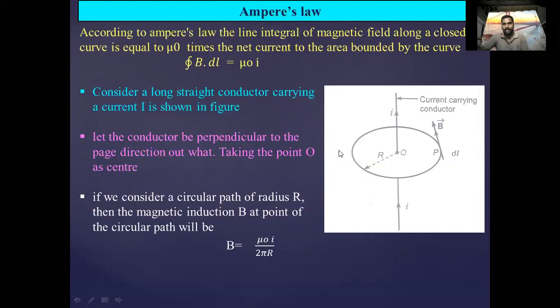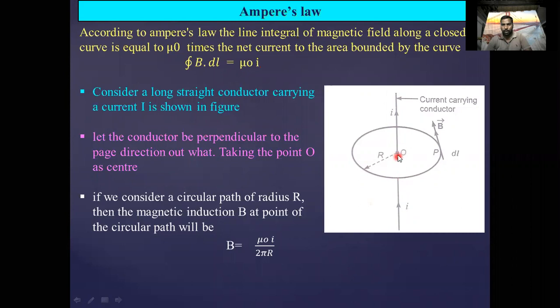We consider a long straight conductor carrying current I, as shown in this figure. This is the conductor. Let the conductor be perpendicular to the plane of the paper.